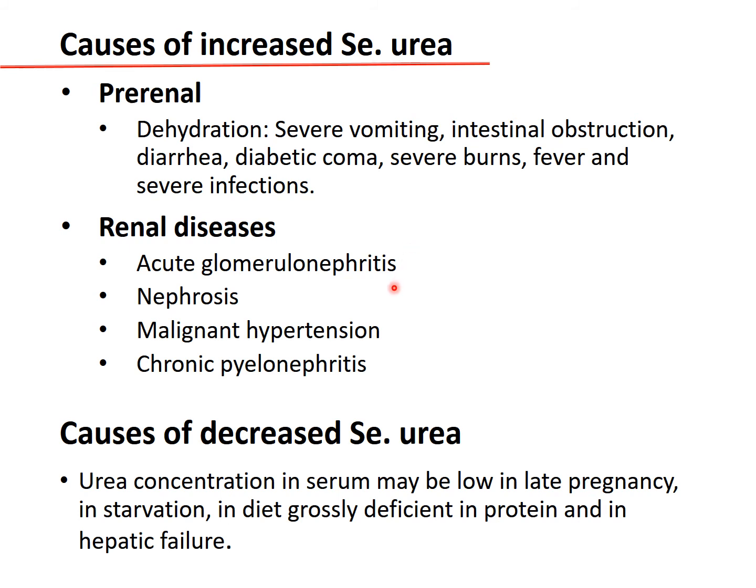Some renal causes such as acute glomerulonephritis, nephrosis, malignant hypertension, chronic pyelonephritis. And what else can decrease it? Urea concentration of serum may be low in late pregnancy, in starvation, in a diet grossly deficient in protein, and in hepatic failure.